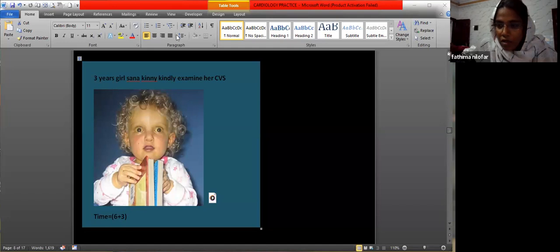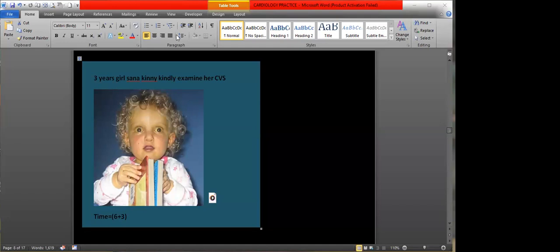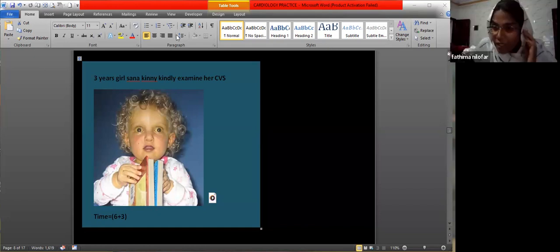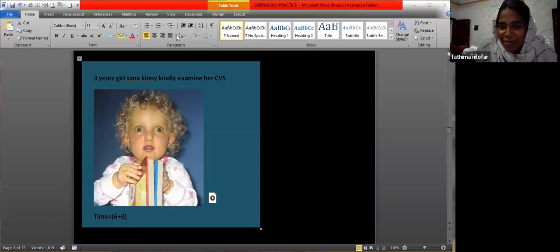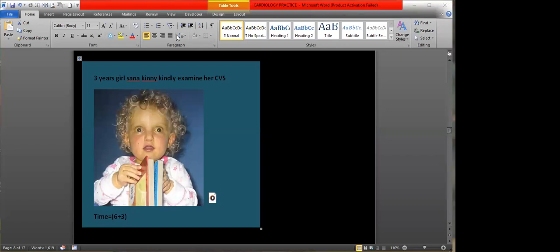What is the expected finding in the chest X-ray? There can be pulmonary oligemia, and prominence of the lung pieces. Pulmonary oligemia, I'm not sure. That's correct. Any other finding in the cardiac silhouette?